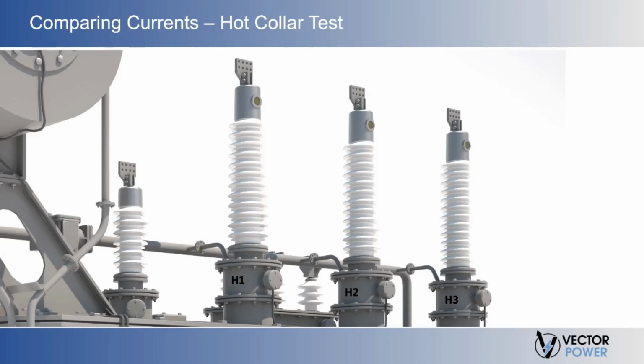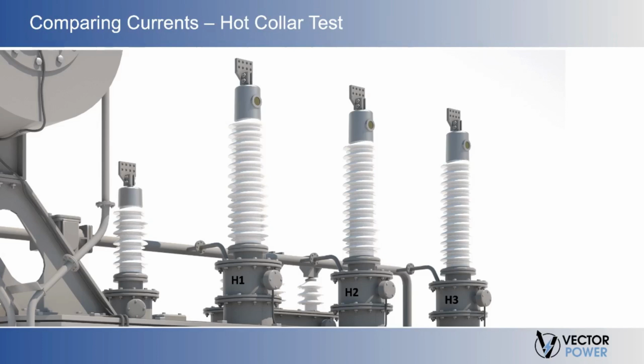To measure only the dissipation or power factor of the bushing, we put a circular ring which acts as a connector around the bushing, a hot collar, which we connect to one side of the test set and the other side to the top of the bushing. In this manner, we can measure the dissipation or power factor, capacitance, and leakage current of only the bushing.